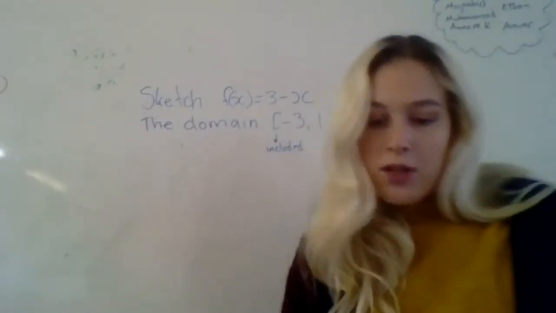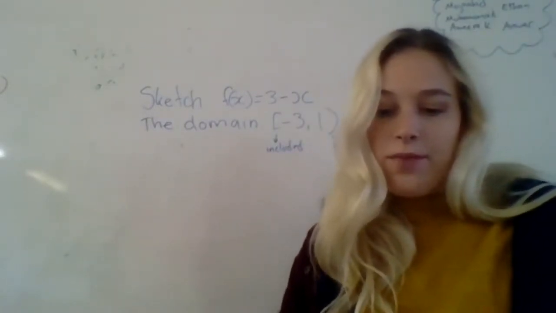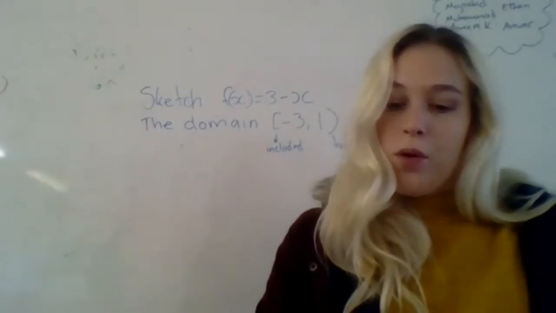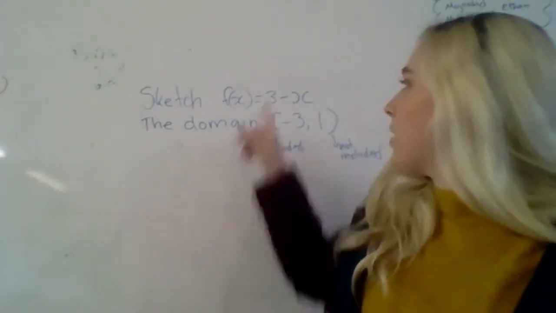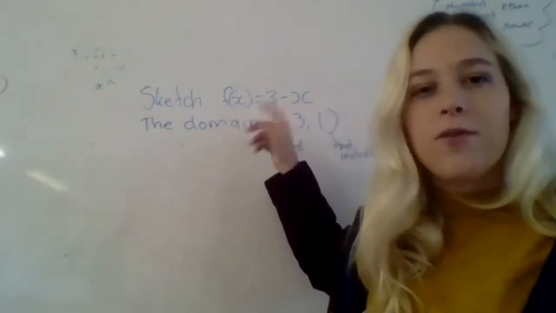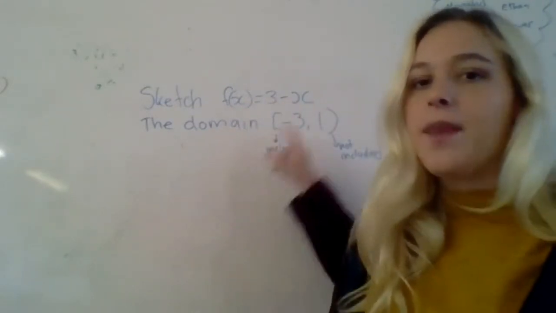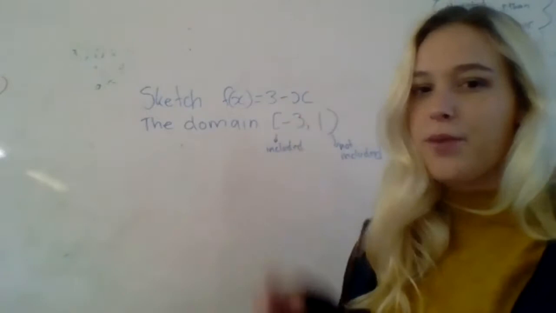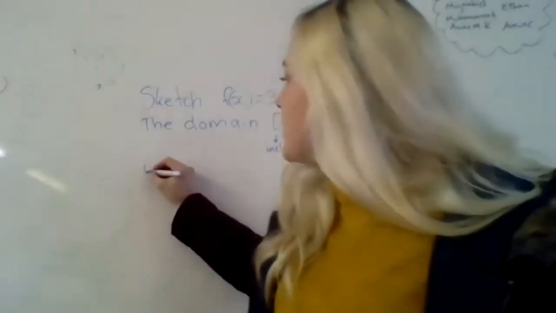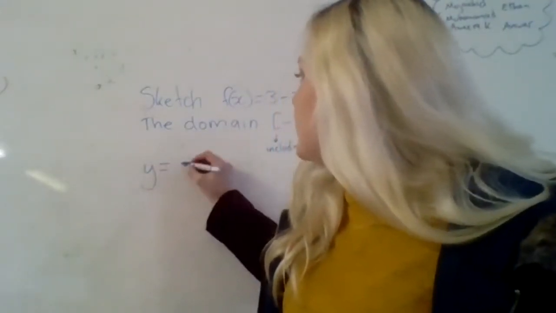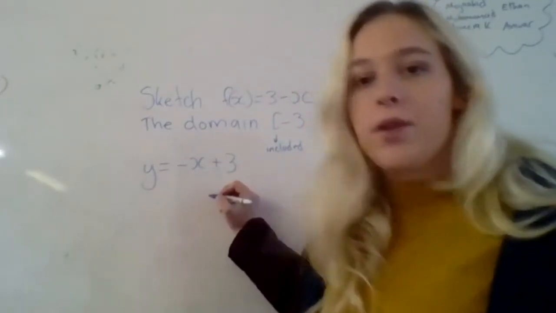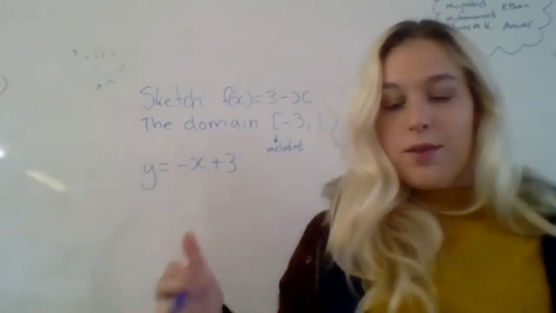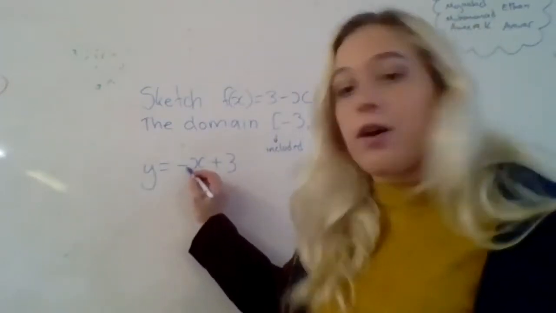Okay, cool. So let's draw this graph. We know that we have a straight line because in the form y equals mx plus c, our x is our second value, but we can rearrange that. So this is actually y is equal to -x plus 3. So we know our m is -1, our gradient.